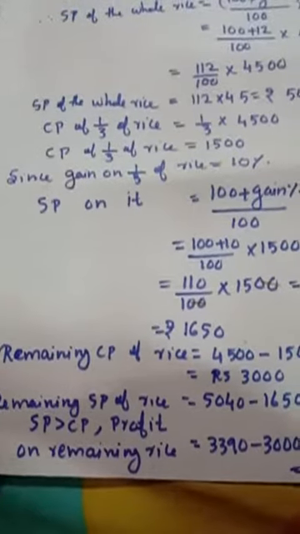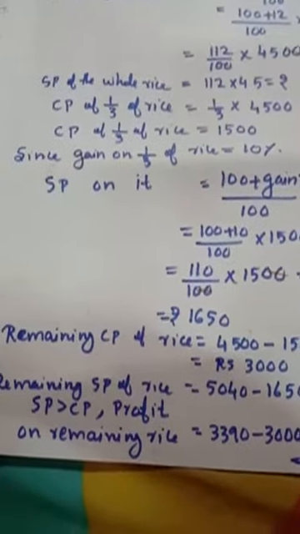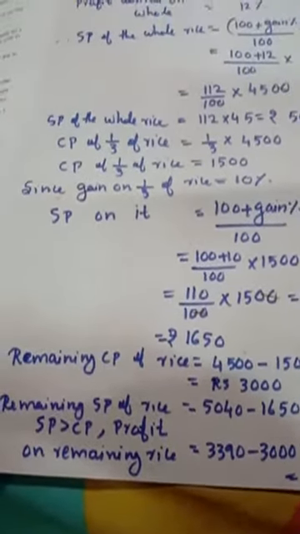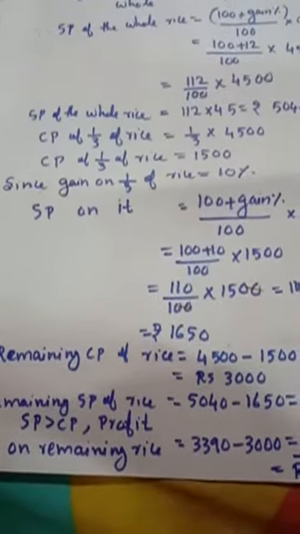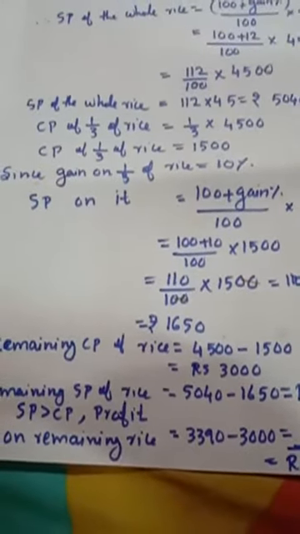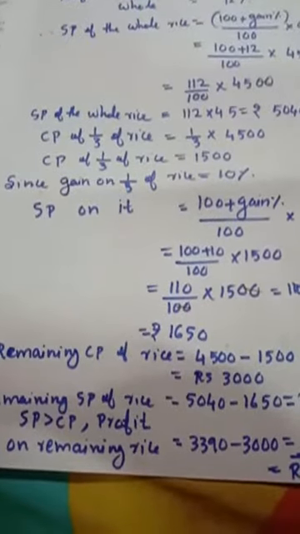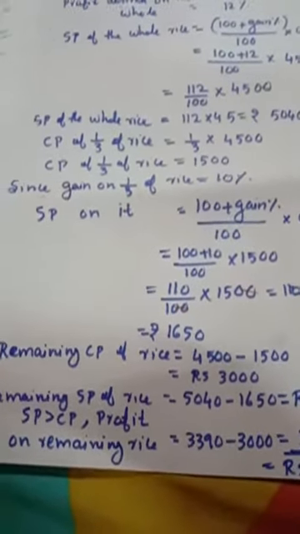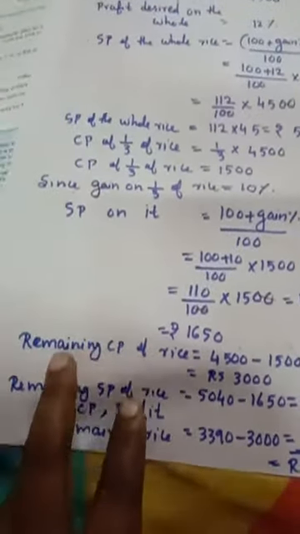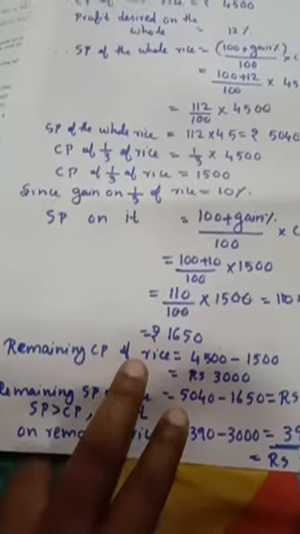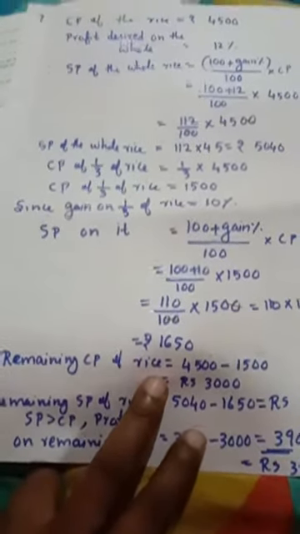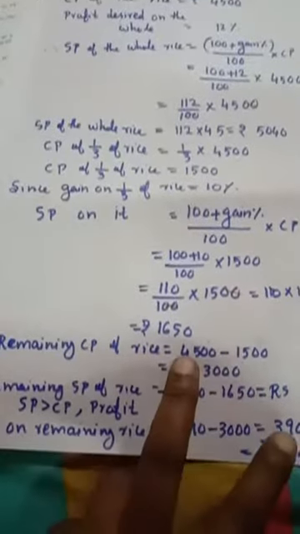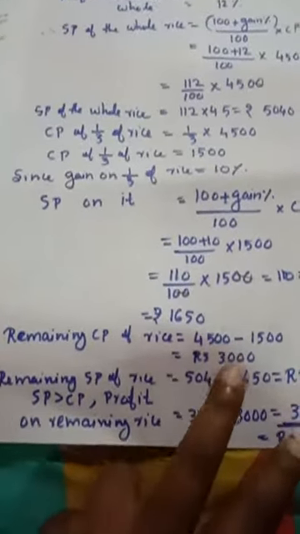So how to find the remaining CP? The whole CP minus CP of 1/3 of rice. Then we will get the remaining CP. Total minus 1/3, we will get the remaining.